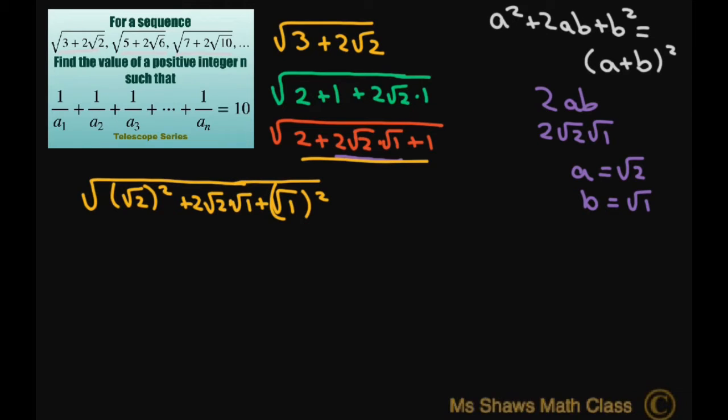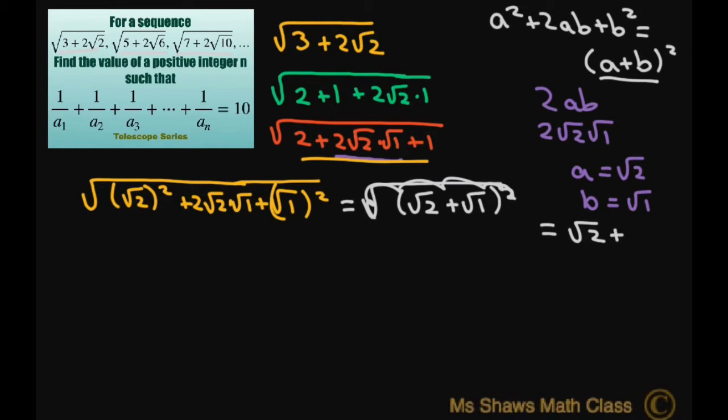And this equals a plus b squared. So this is square root of 2 plus square root of 1 squared, and the square root goes away, leaving square root of 2 plus square root of 1, and the square root of 1 is just 1. So there's that.